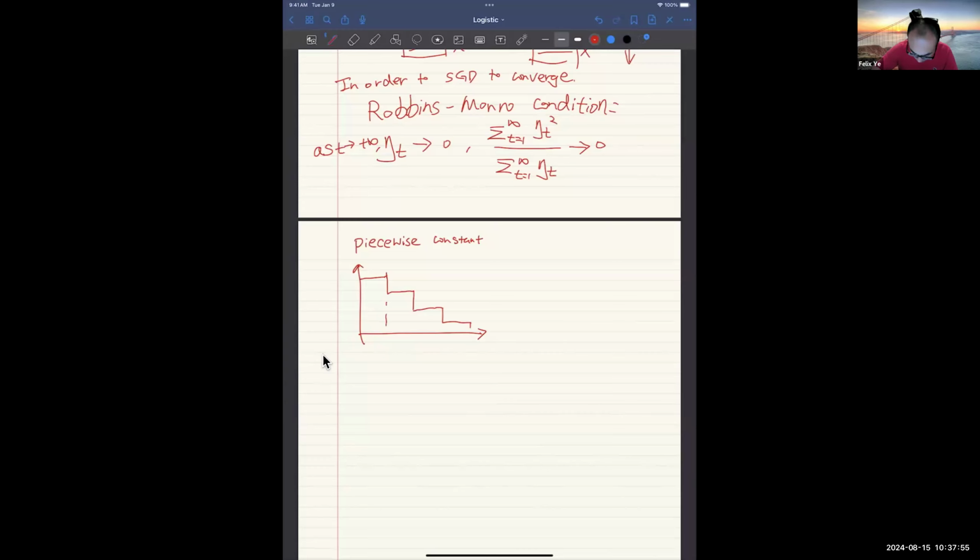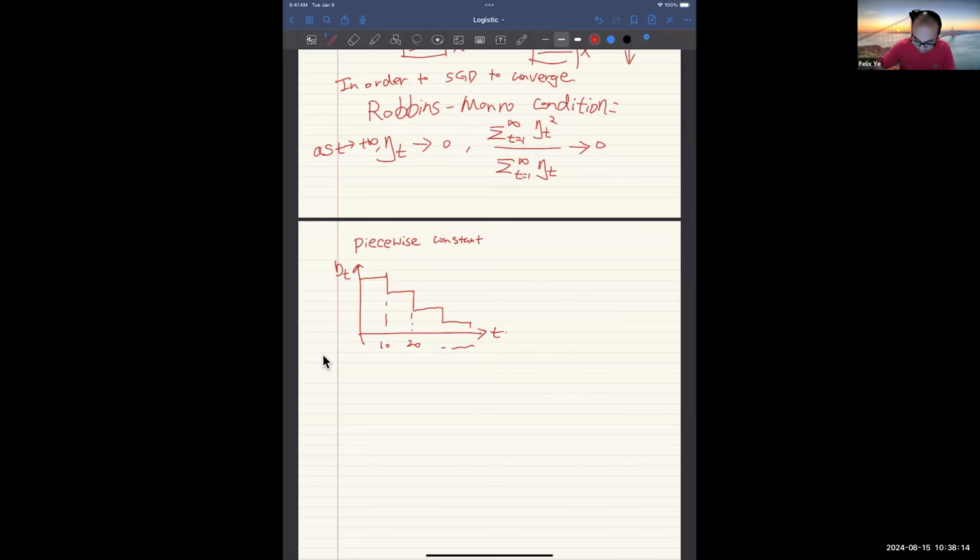So this is maybe 10, this is maybe 20, and so on. This is called piecewise constant. This is my eta of t versus t, and right here is the number of epochs.